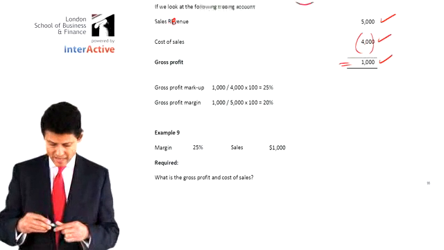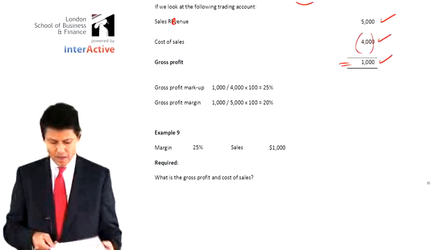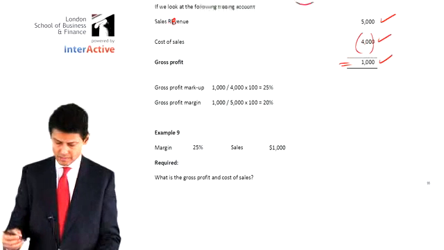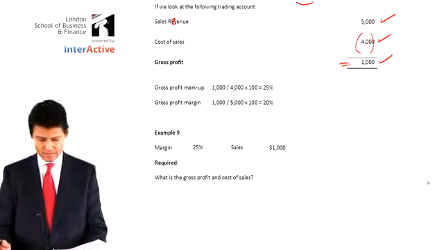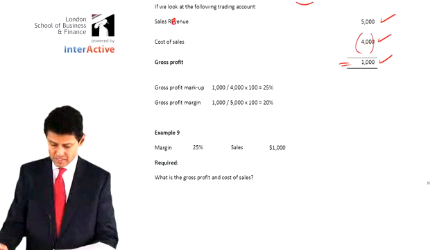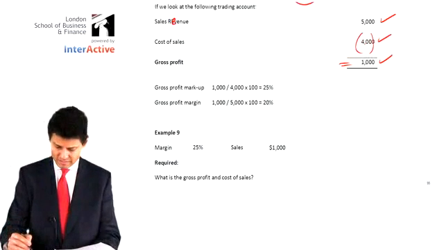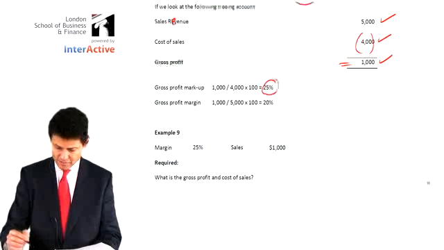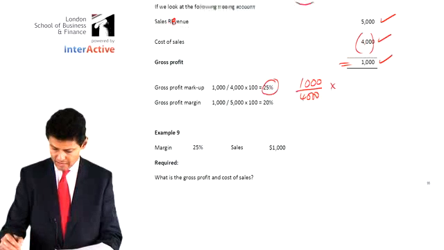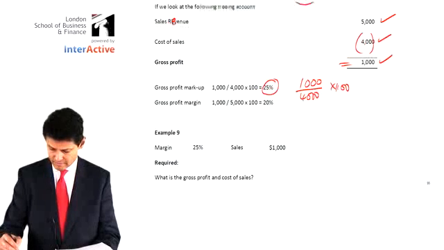However, something else is happening here. There's a gross profit markup of 1,000 on 4,000 multiplied by 100, and that, of course, gives a percentage of 25%. Is that true? So 1,000 divided by 4,000 times 100 answers 25%.